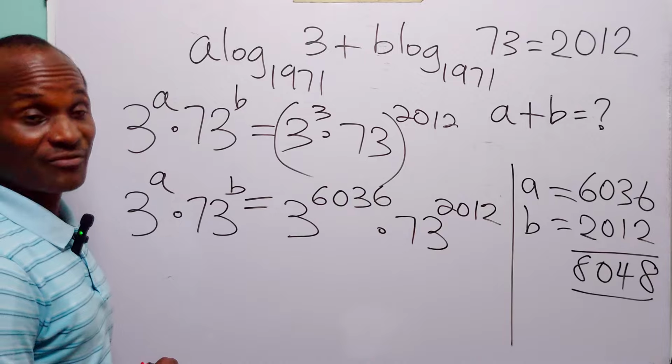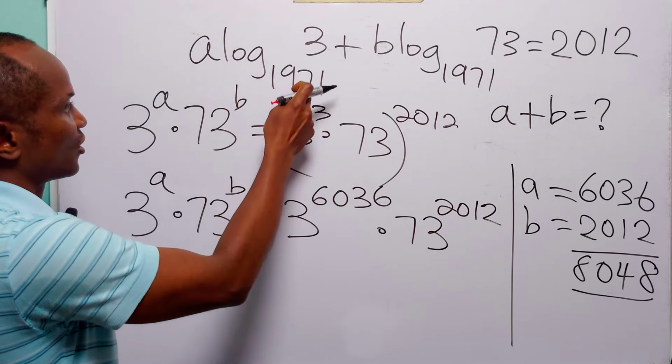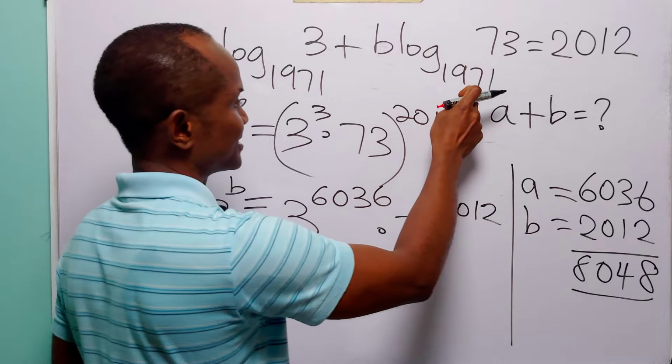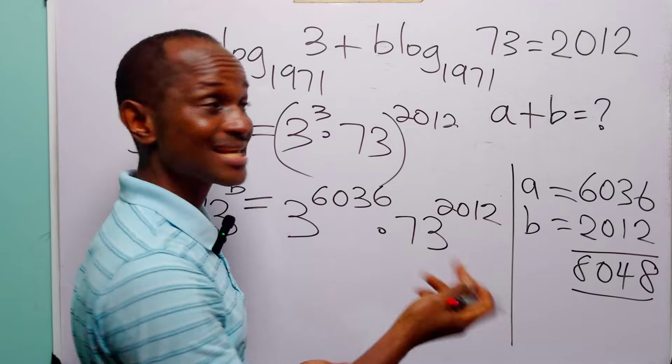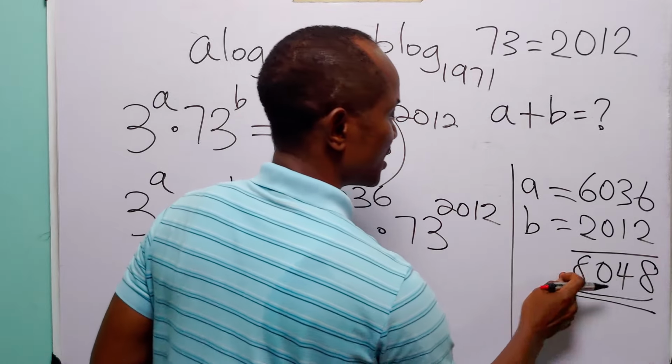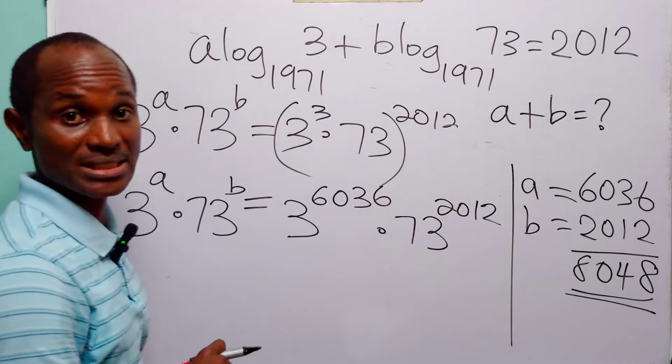So we have that when a log 1971 of 3 plus b log 1971 of 73 is equal to 2012, then a plus b is equal to 8048.